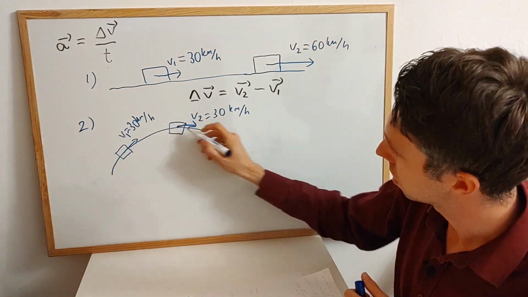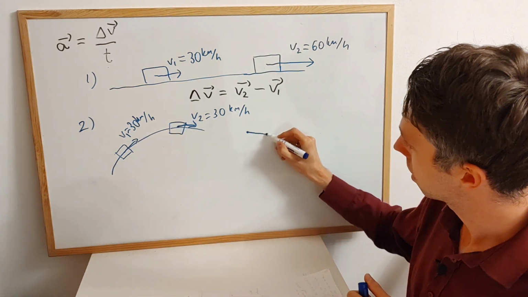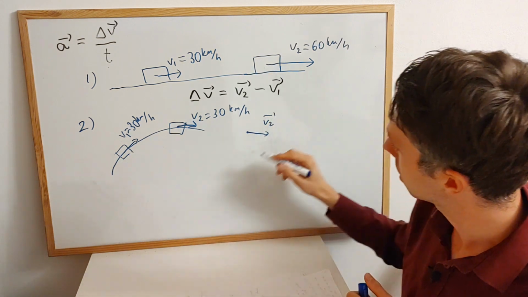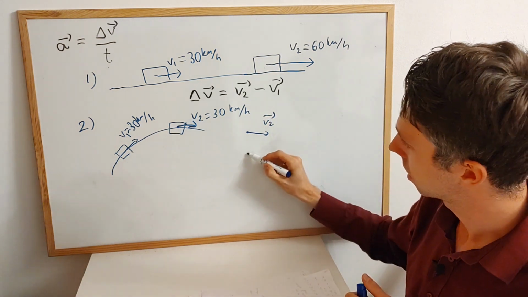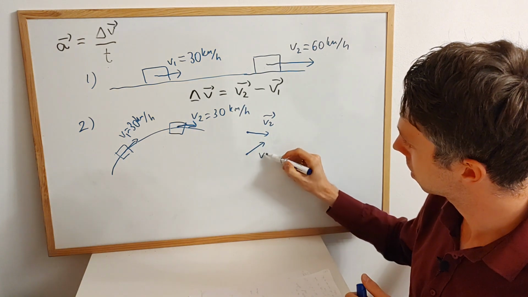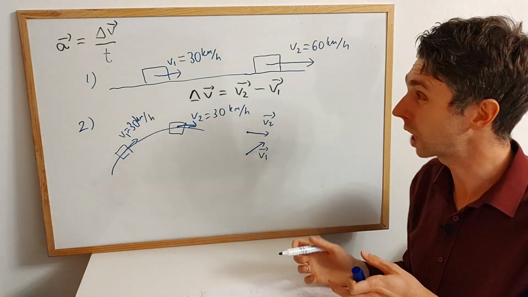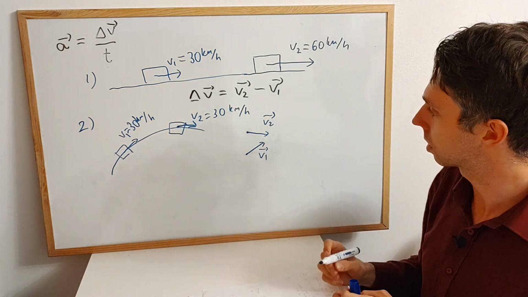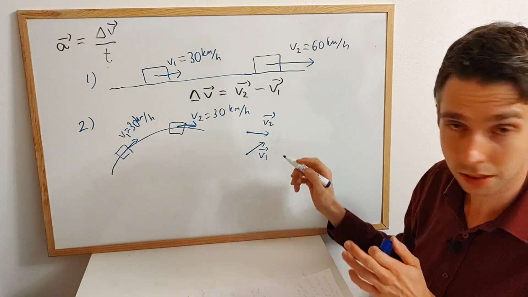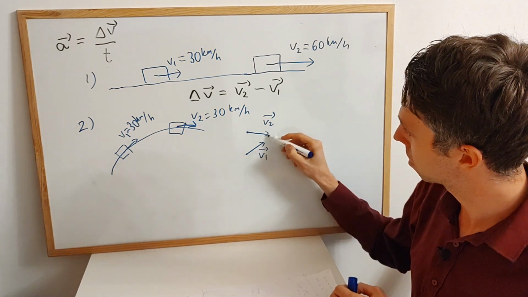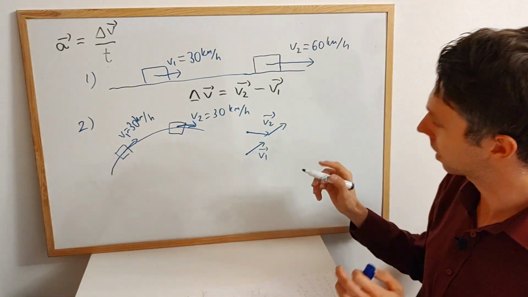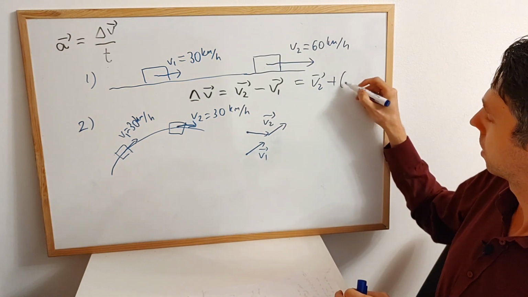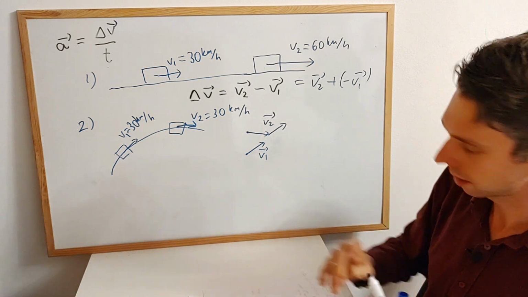So if you draw this v2 like this, and this v1 like this, you can subtract these two vectors and get some vector delta v. So let's do this. So v1 I put here, but I should have again v2, you remember, plus minus v1.